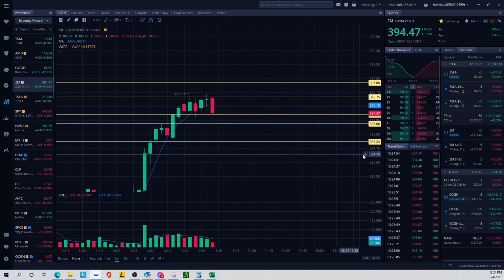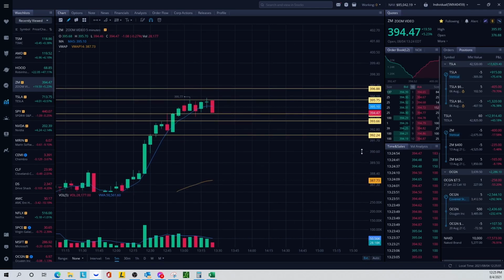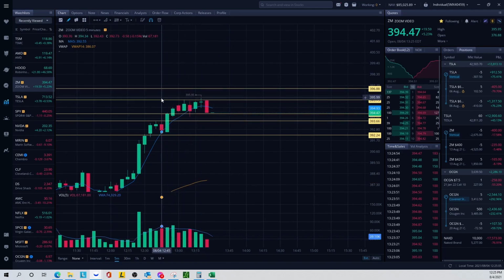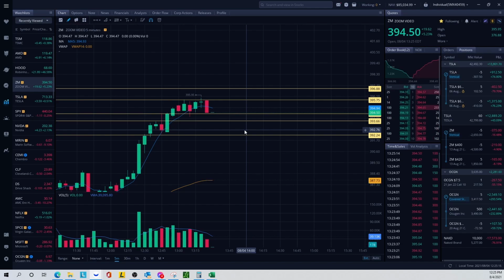But one thing to note is this looks like we are finding this consolidation area, and so 410 is probably a pretty good strike price if you can get filled. Because now it's starting to fade.